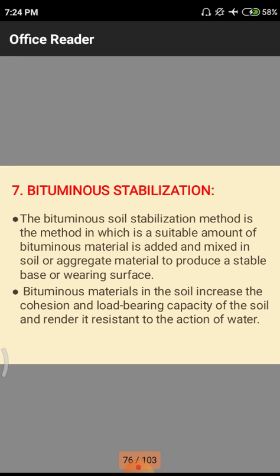Before going to that, we have to observe a few points related to bitumen. Normally bitumen is obtained by the destructive distillation of petroleum. Petroleum is a material which is available below the ground level.